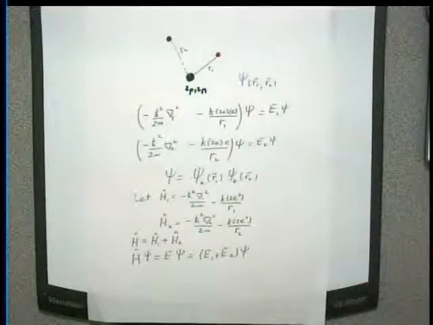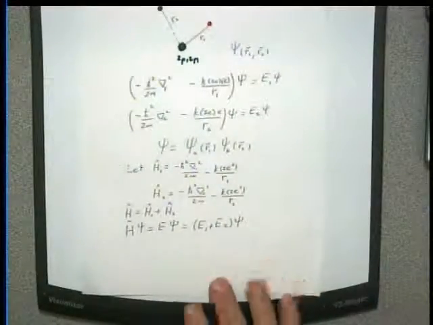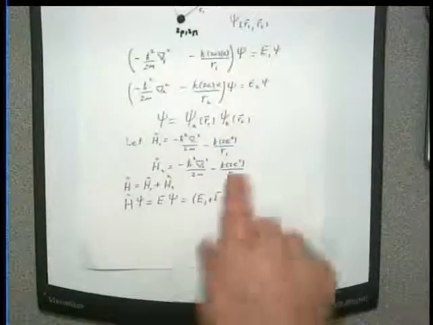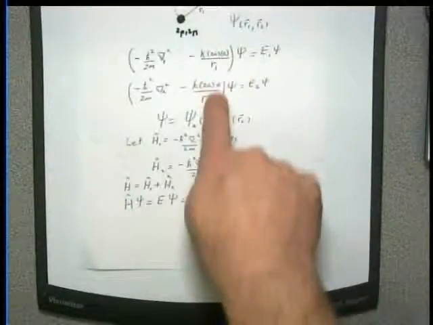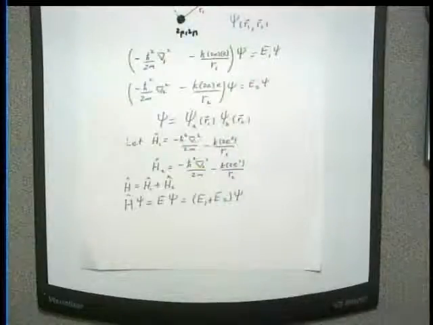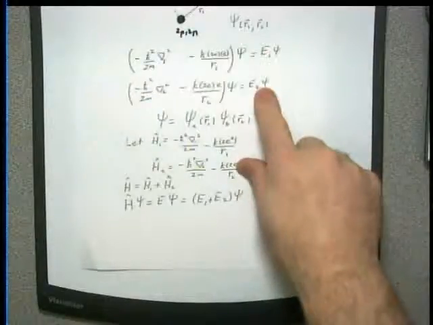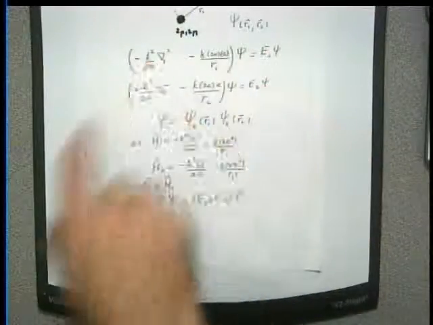Now, there's two electrons, so it makes sense that both of these can act on the wave function if you want to find the total energy. In other words, if you want to find the total energy of the thing, what would you do? You find the energy of the first electron, you find the energy of the second electron, and what would you do to get the total? Add them together. So just like you'd add E1 and E2, you would add all of these things up.